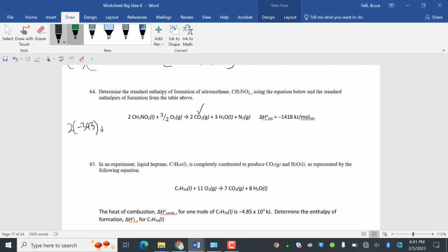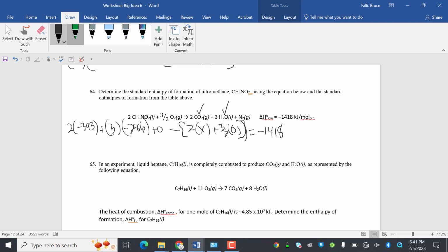Plus 3 times negative 286, that's water. Plus 0. Minus, distribute it, 2 times x. I like to have my x's. Plus 3/2 times 0, equals negative 1418.